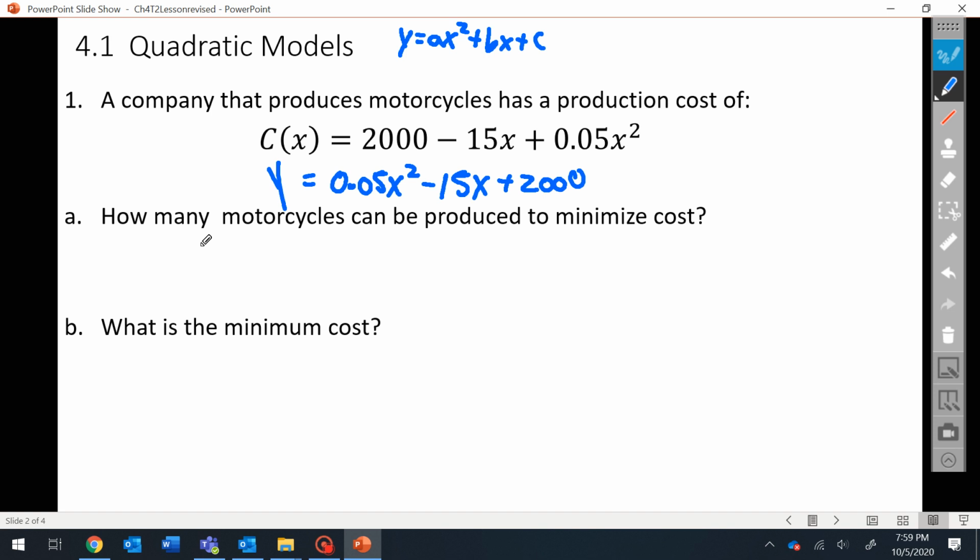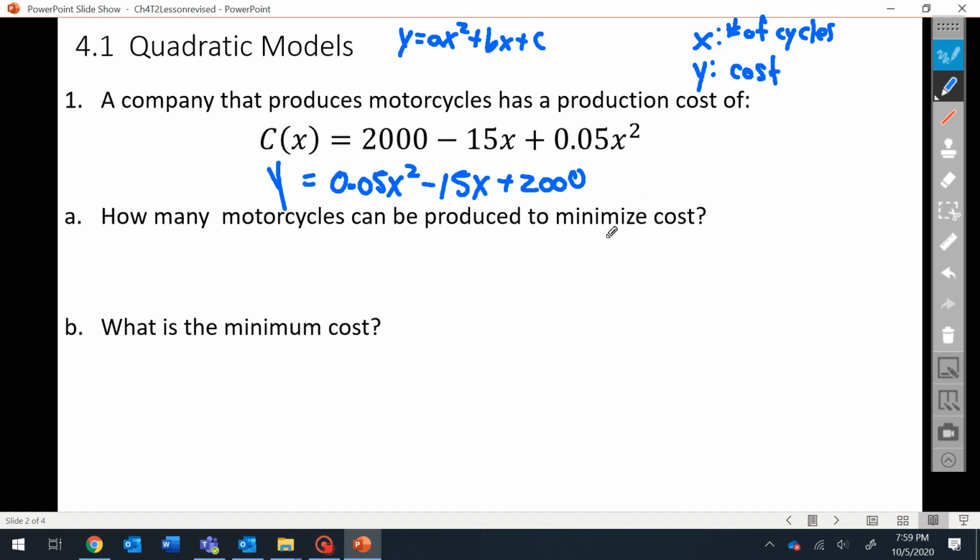Alright, so the problem asks how many motorcycles can be produced to minimize cost. In this case, the x-coordinate is going to represent the number of motorcycles, and the y-coordinate is going to represent the cost.